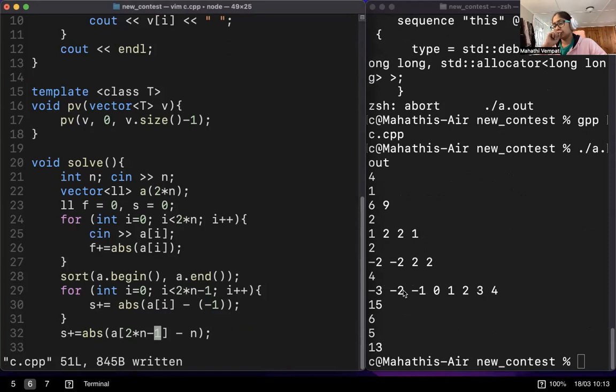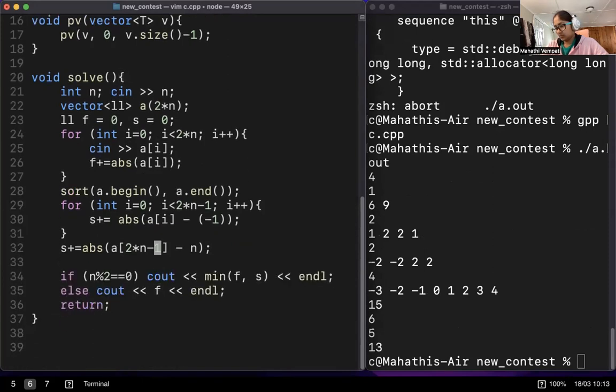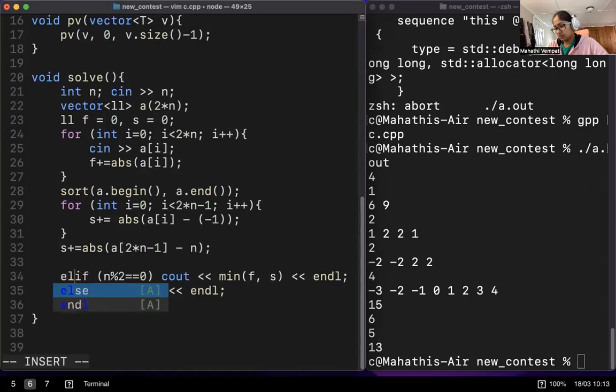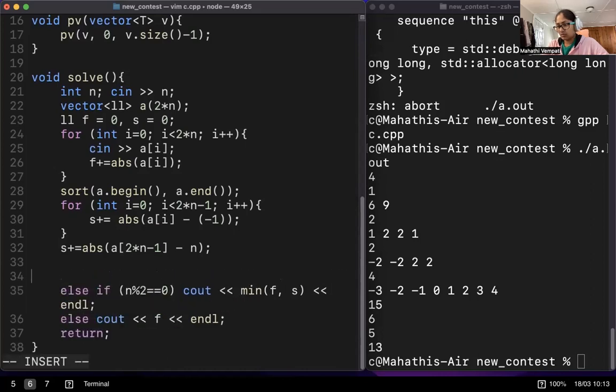I guess in the case of 2, if it's 1, half of a of 0 minus a of 1, right?